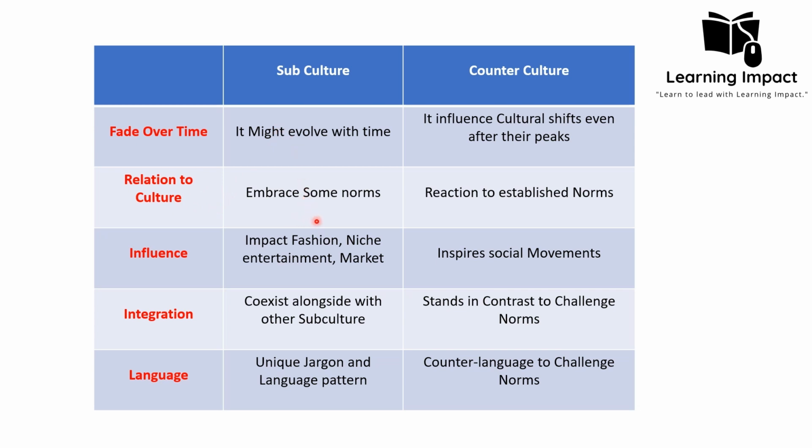So then what is the relation to culture? Subculture embraces some norms of the dominant culture, and they also believe in their own distinguishing identity, but counterculture just rejects the established norms. How does it influence? It impacts fashion, entertainment, and the market. Subculture shows cultural diversity in almost every aspect of life: the entertainment industry, the fashion, the lifestyle, the dresses of the Pakistani community, which is the dominant culture of Pakistan, are different from the Balochi culture, because Balochi culture is a subculture.